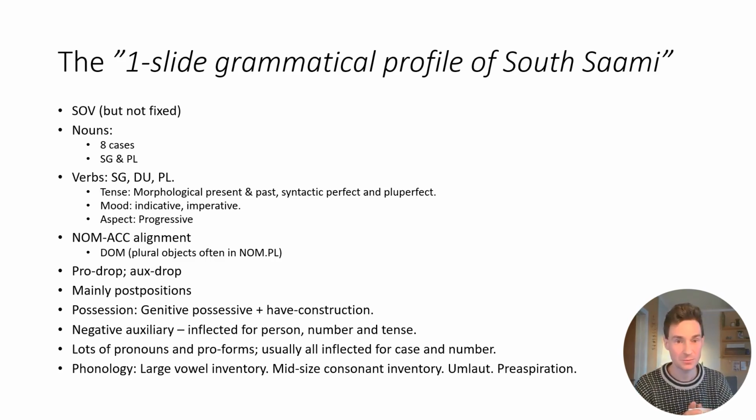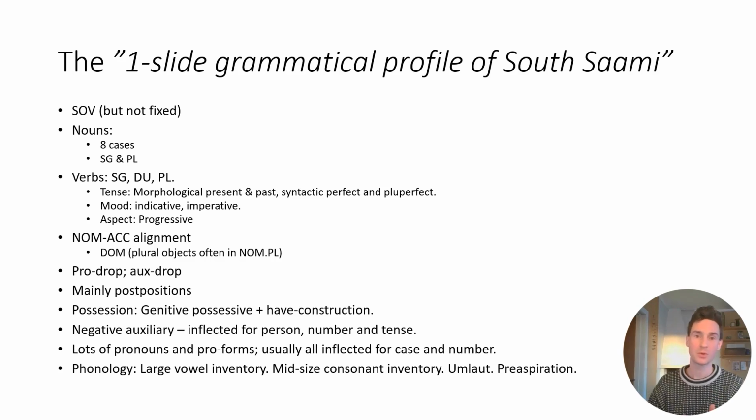The language shows nominative accusative alignment. That is, we find direct objects marked with the accusative. However, South Saami also uses differential object marking. That is, in the plural we find objects marked with either the nominative or the accusative, and they receive a different reading.